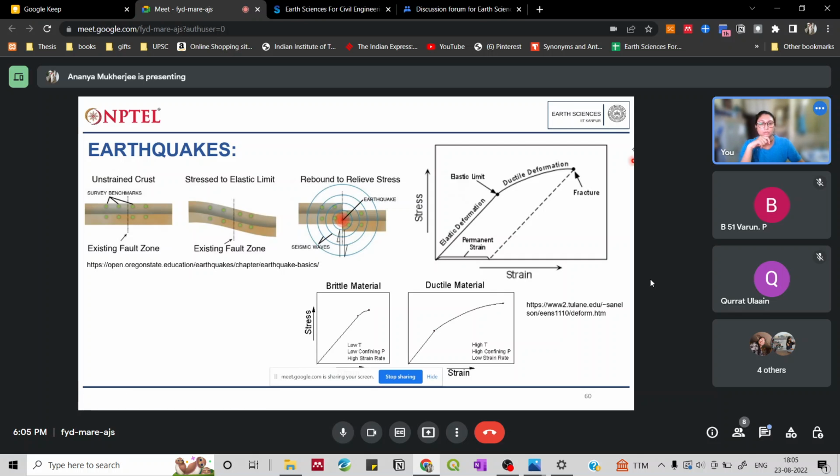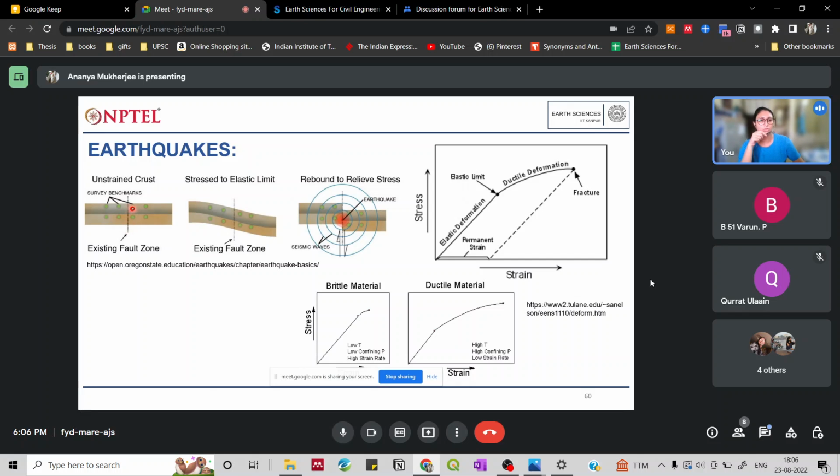Here we know that an earthquake is a response to the different compressive or extensional stresses acting upon the Earth's surface. Suppose you have an unstrained crust, at equilibrium, with no stresses acting on it, but there is a certain fault zone present.